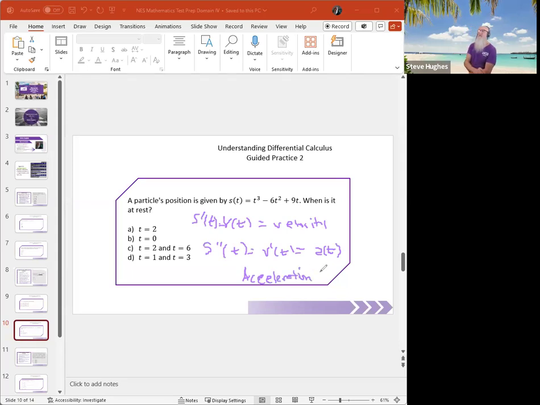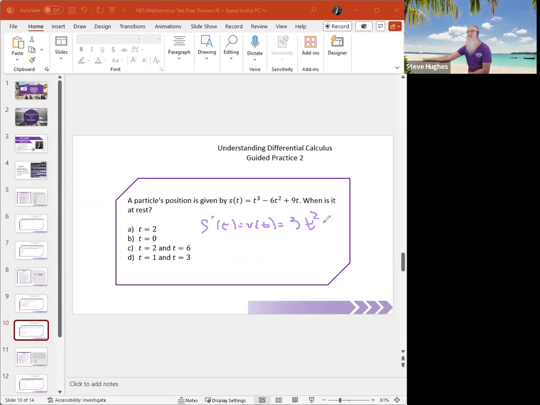So they ask us, when is the particle at rest? The particle is at rest when the velocity is 0. Therefore, we need to know the derivative and set it equal to 0. So s prime of t equals v of t equals 3t squared minus 12t plus 9.